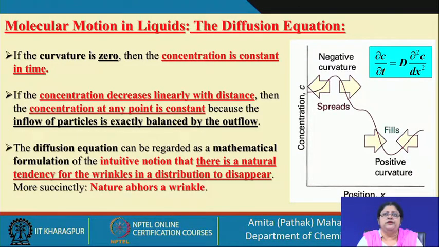Because nature abhors wrinkles, all particles, whether they form a heap or they form a dip, will try to give rise to a distribution so that the heap or the dip is spread out and made uniform.